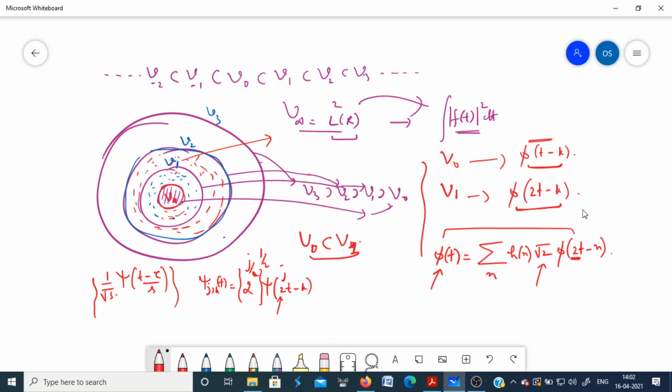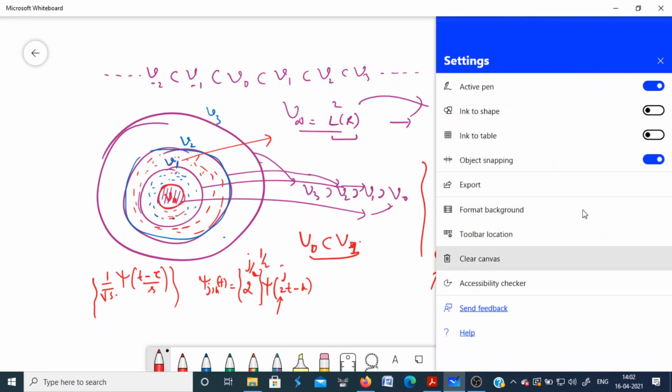See, in the Haar system you can directly see how this equation is valid. We have written that phi t can be expressed in terms of phi 2t, summation over n of h of n square root 2 phi of 2t minus n.